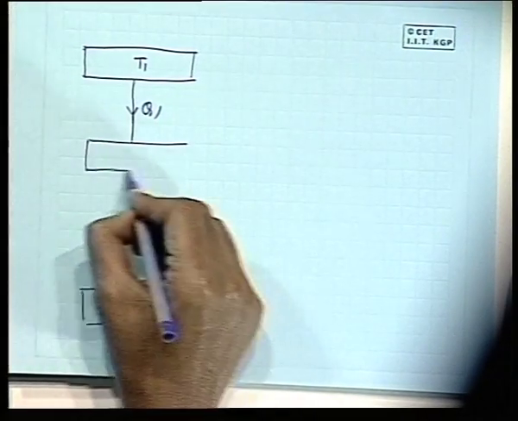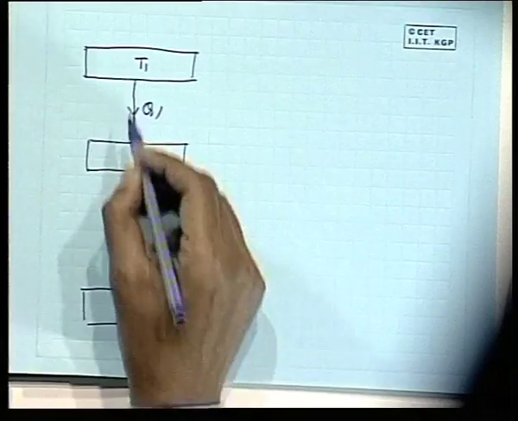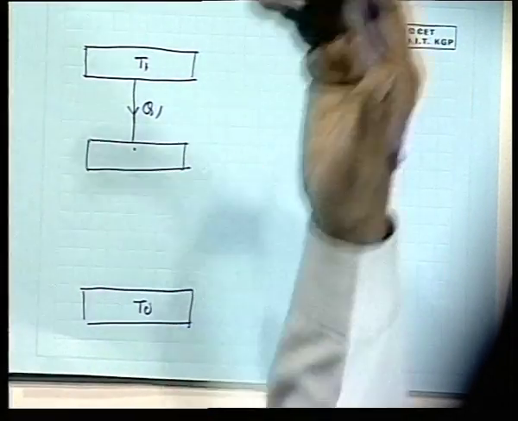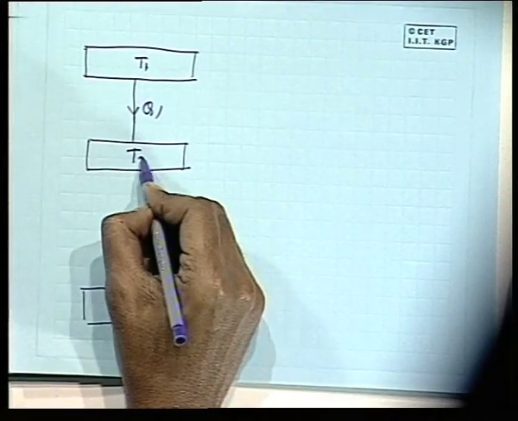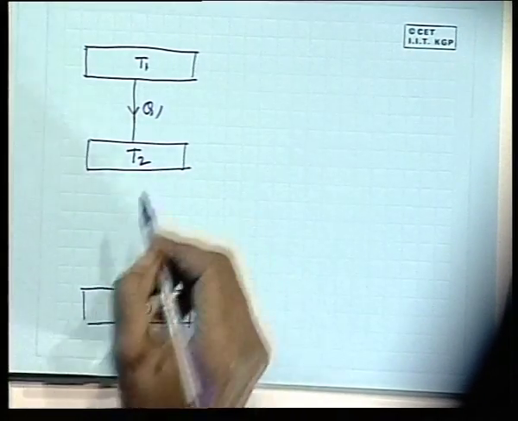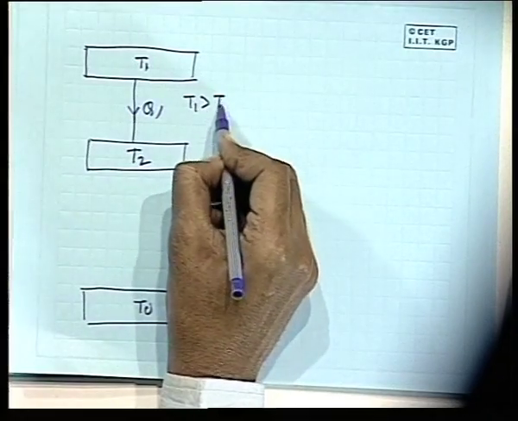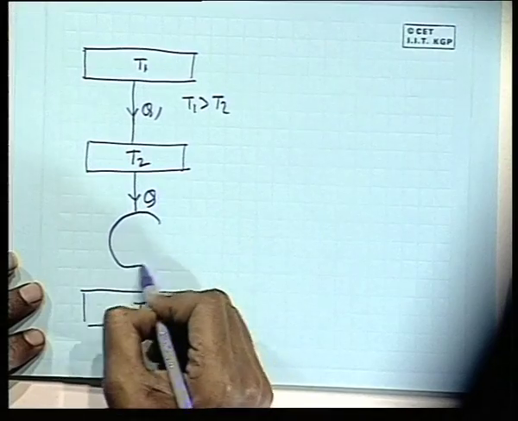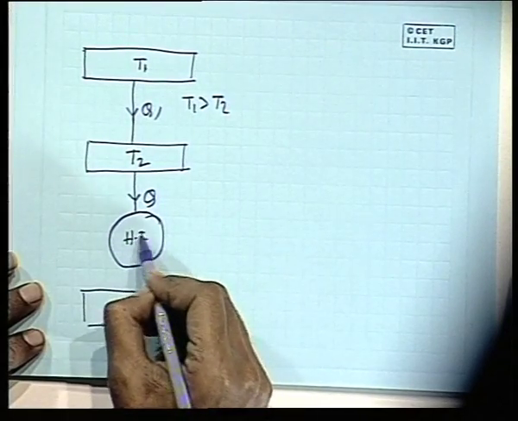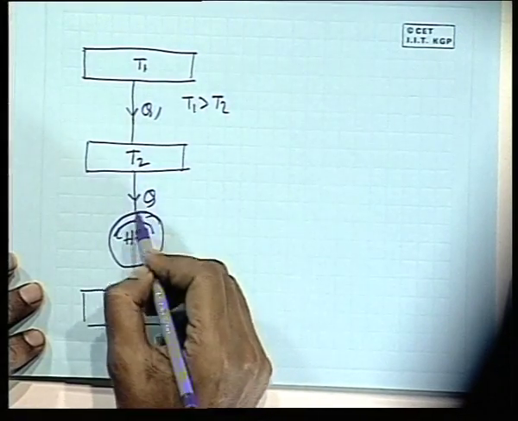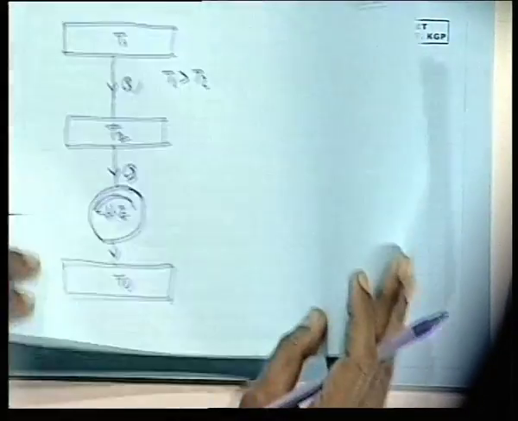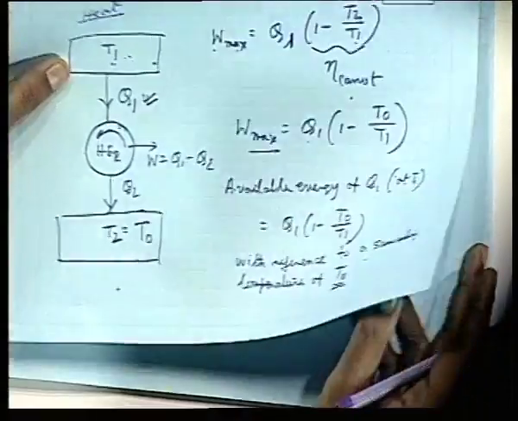There may be some practical difficulties, where the heat engine is unable to accept heat at that temperature. So I transfer it by a natural process, meaning T1 greater than T2. And this same heat is now given to a reversible heat engine at T2, and it rejects the heat Q2.